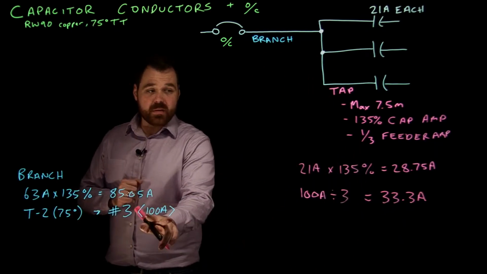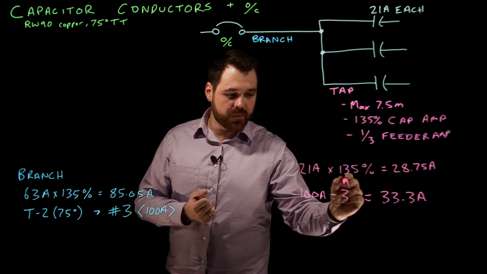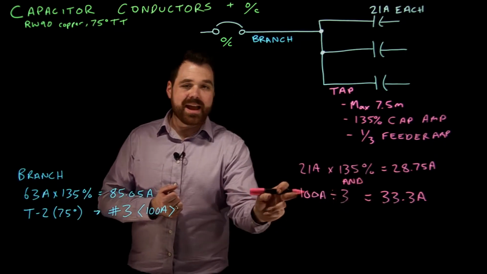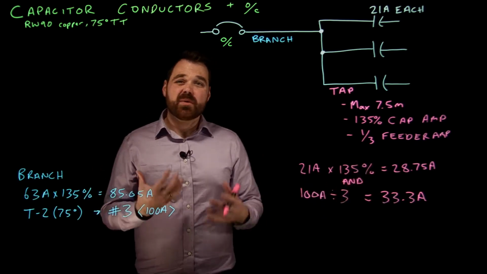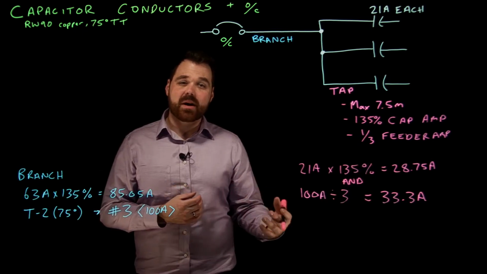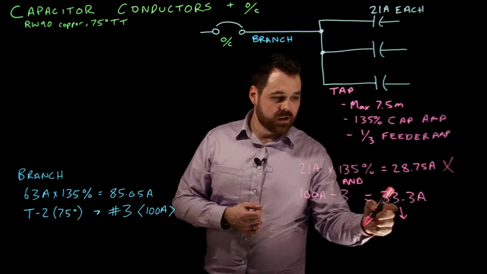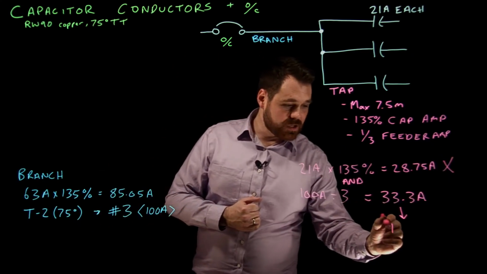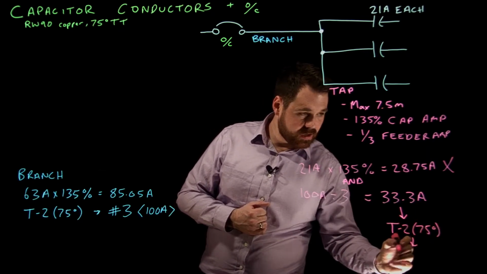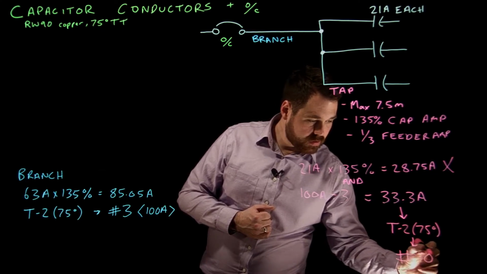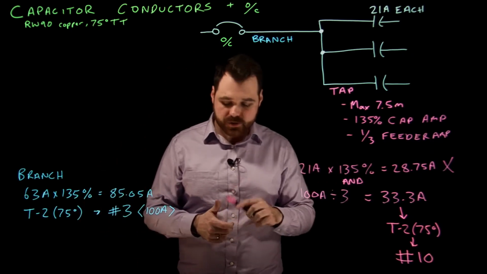Now, the code book says we have to meet both of those requirements because it uses the word "and." So we need to take the larger of these two numbers, which becomes the required ampacity of our conductor. I take 33.3 amps to Table 2, again 75 degrees, and that gives me a number 10 conductor. So that's how I would size my tap conductor for my capacitor.